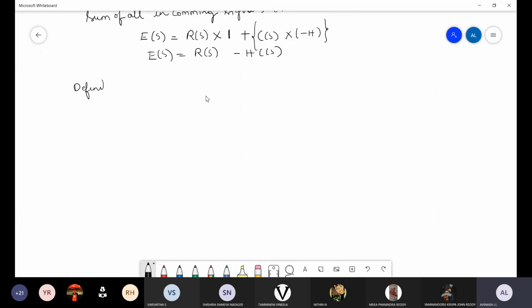Write down the definitions of signal flow graph components.